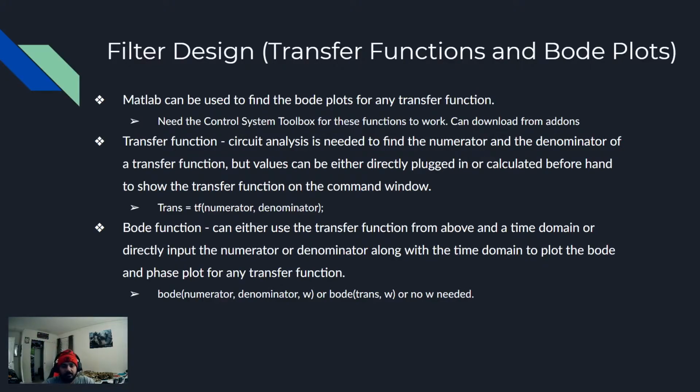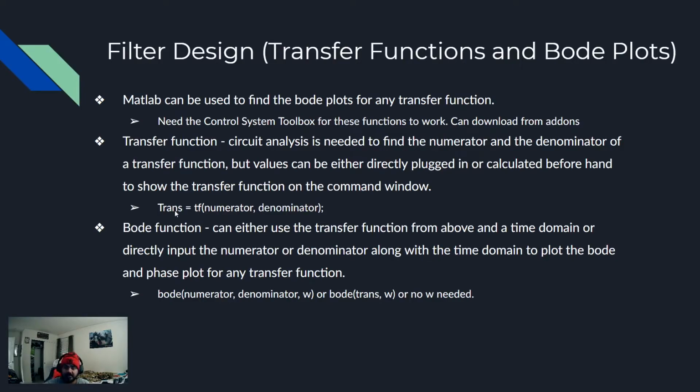And you can set these polynomials as vectors and actually create the transfer function using the tf function right here, which sets trans equal to the transfer function of whatever numerator and denominator that you might have.